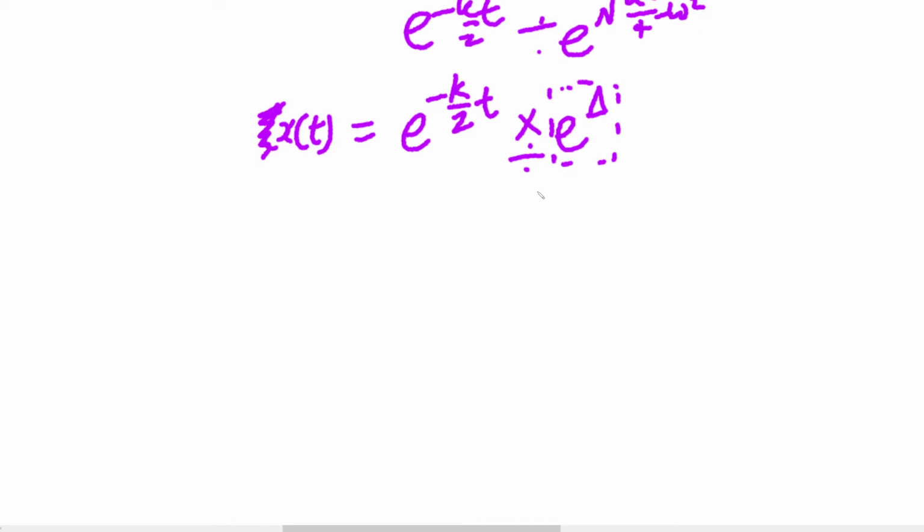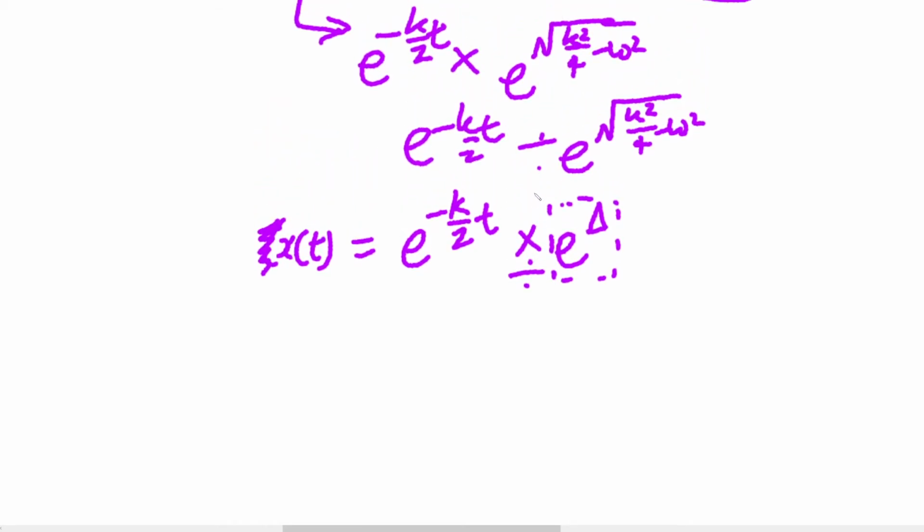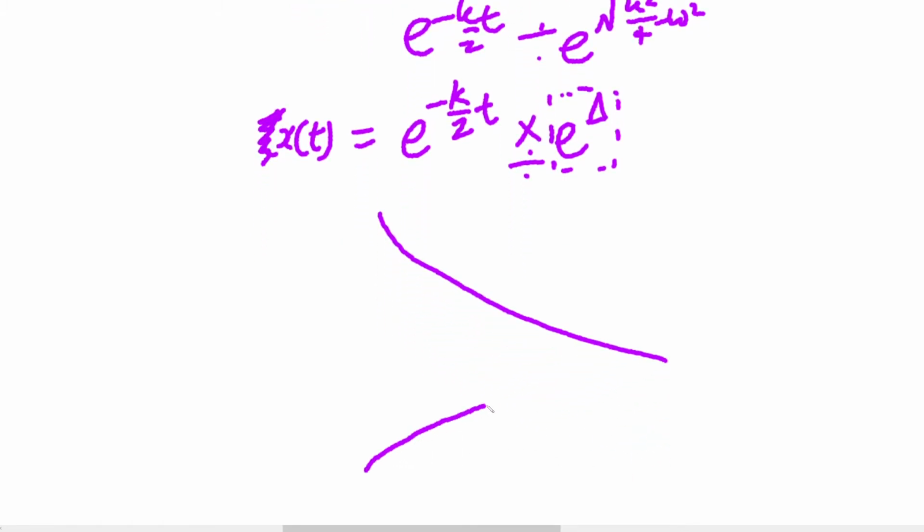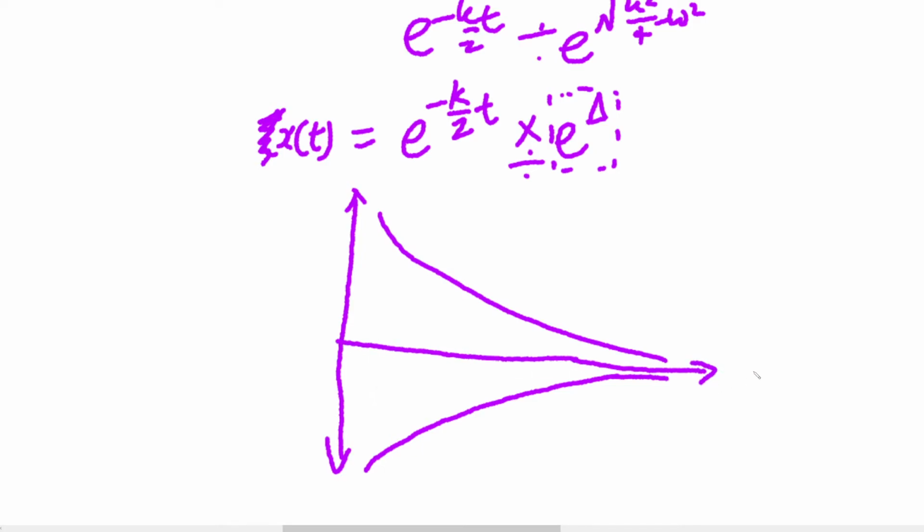So in actual fact, I think it doesn't really matter which solution you take, plus or minus, because either way you will get a similar looking graph, e to the minus positive number t, looking like this, or like this, depending on what x0 is, whether it's positive or negative. So this is what happens when delta squared is greater than 0.